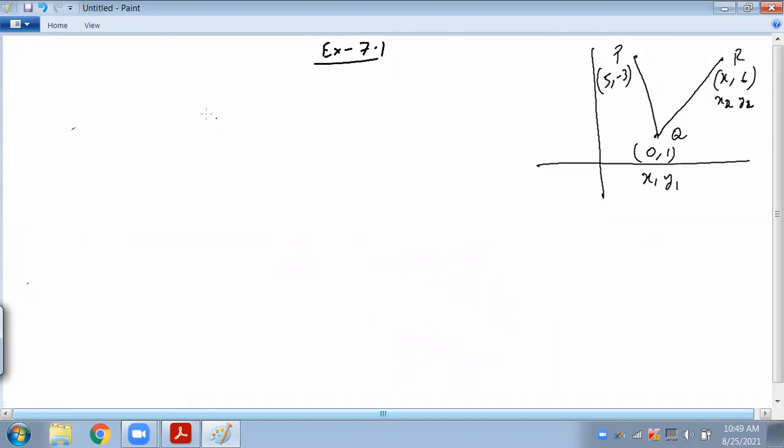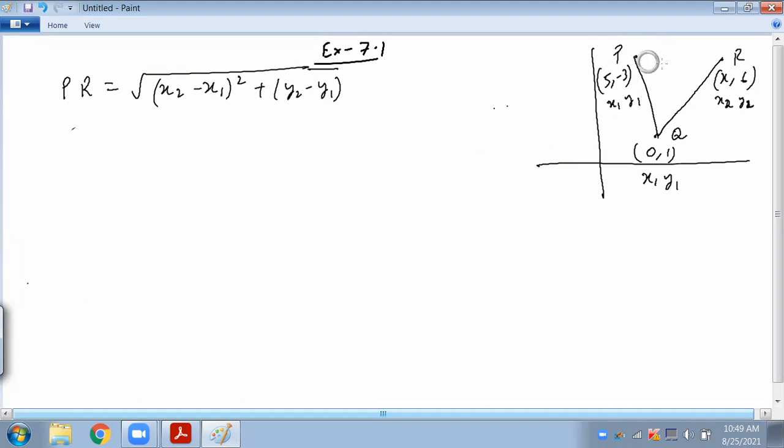Okay, now find PR. Again, same formula. PR means the distance between P and R, so we'll use the distance formula. Look, P and R. R is x2, y2 already, and we can take P as x1, y1.